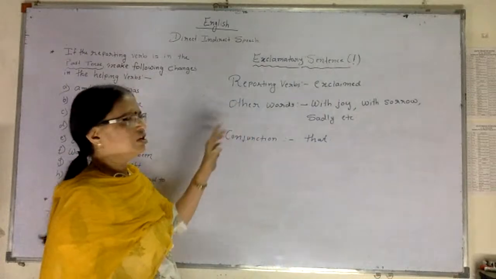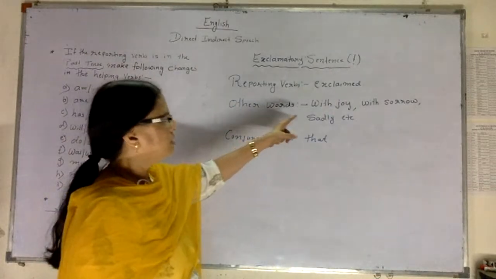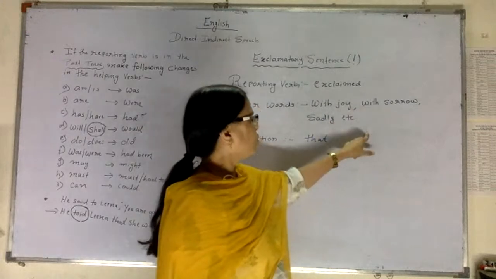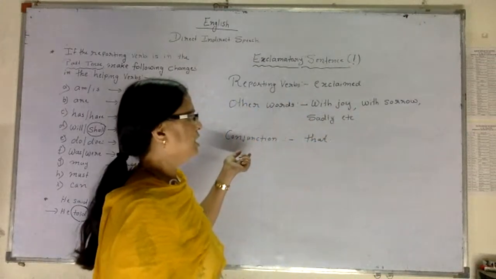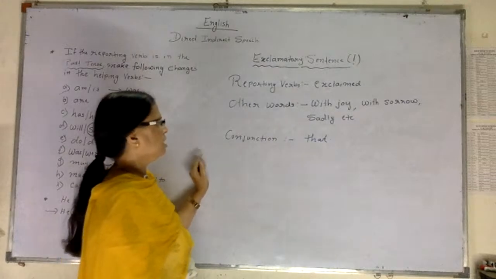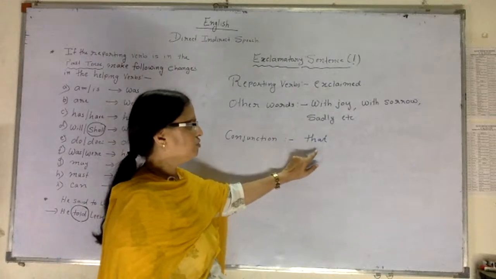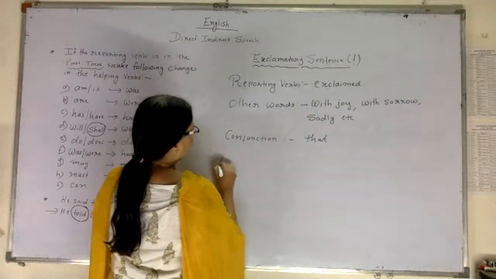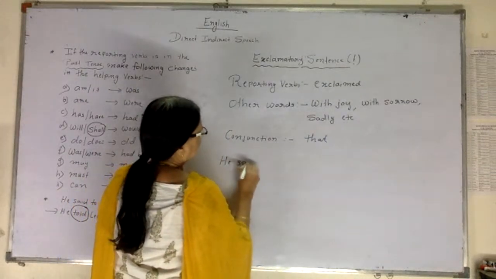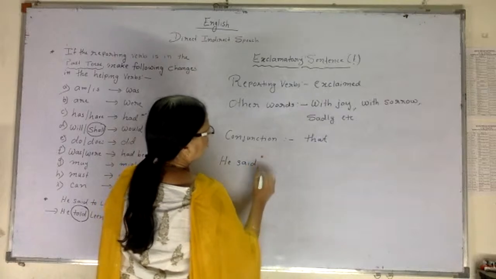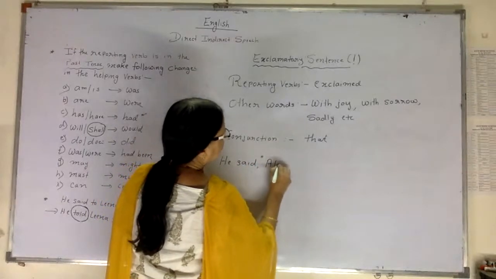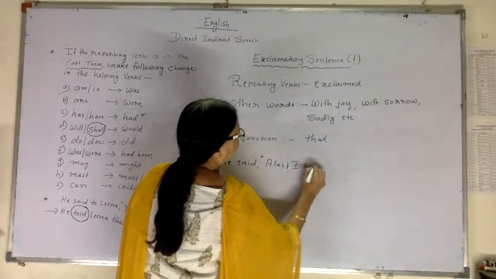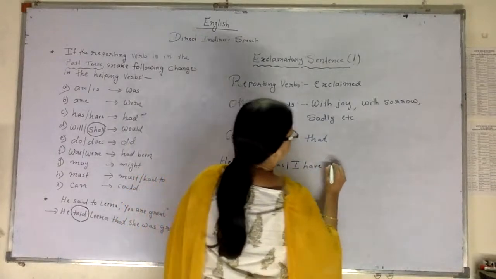Then other words, because it denotes different feelings, you can say with joy, with sorrow, sadly, sorrowfully, then happily, words like that you can use. And then conjunction, as usual, we will use that. Now, if the statement is given, he said, comma, inverted comma, alas, I have faith.